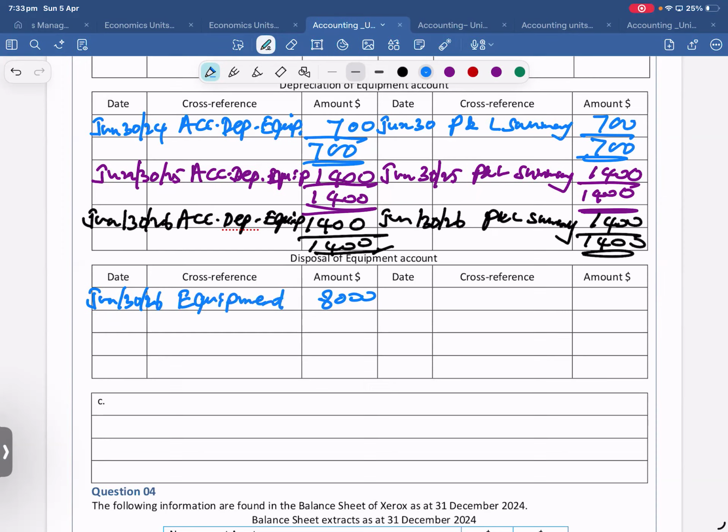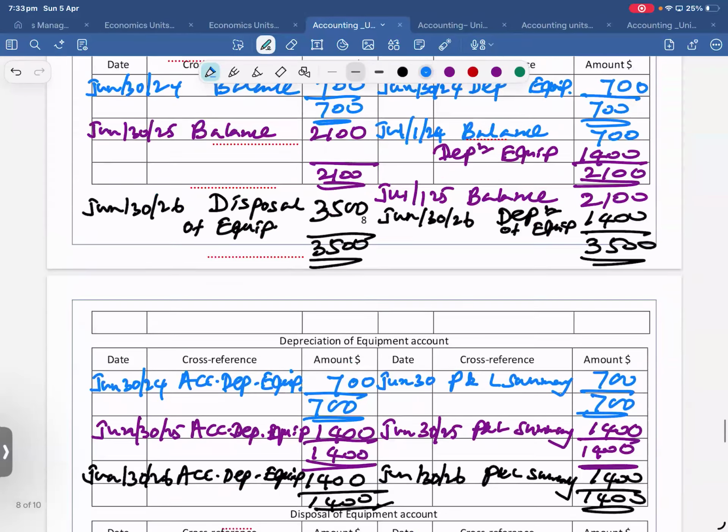And then June 30th, 26, accumulated depreciation, which is how much? 3,500.